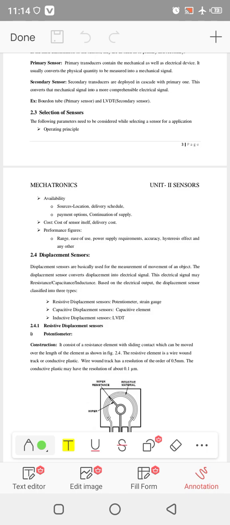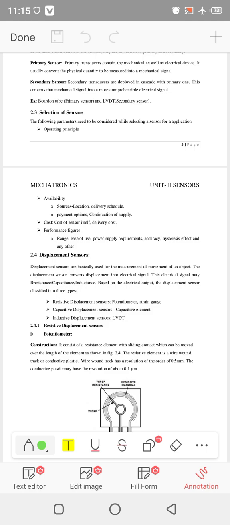Availability. Can we get this type of sensor around our shops? If we can't get the sensors simply, or the maintenance part, if we can get it for maintenance, this may be a big challenge.